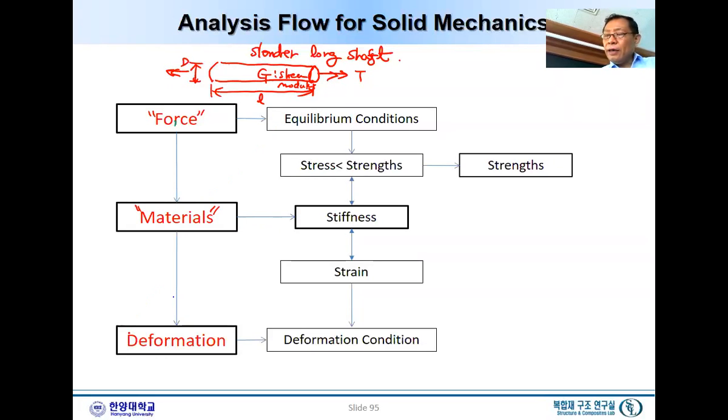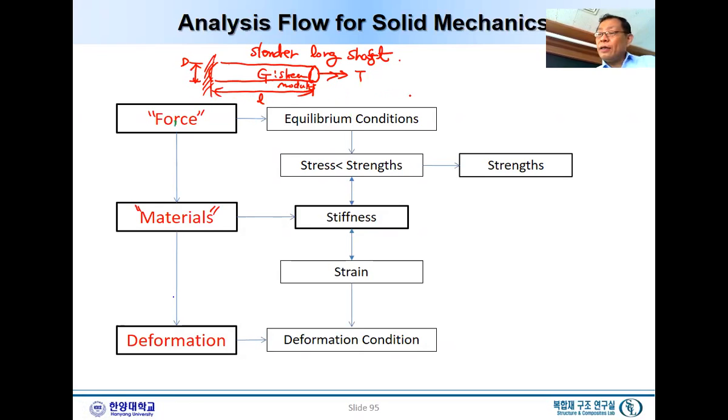And then the geometry, the deformation conditions: we have a certain boundary condition. So actually, we have to apply the torque, or we have to fix here. That's actually the same. And this reaction force can be found from the equilibrium, but this is the deformation condition.